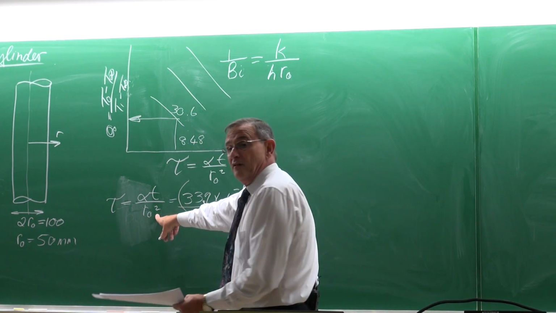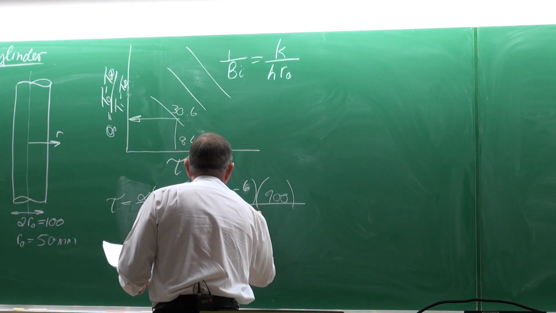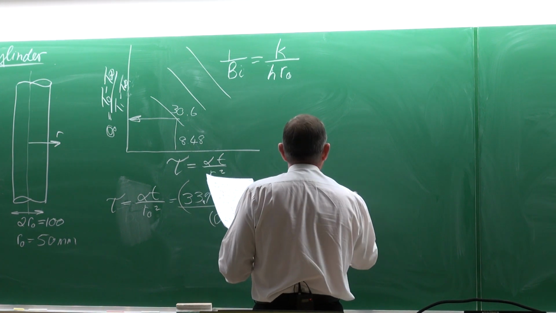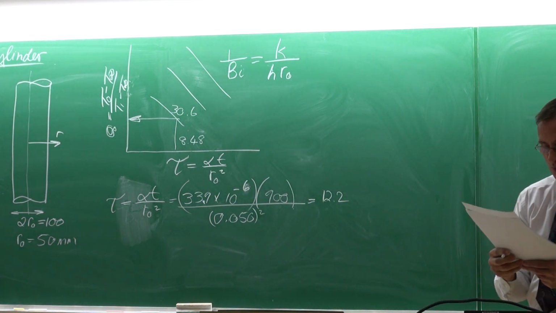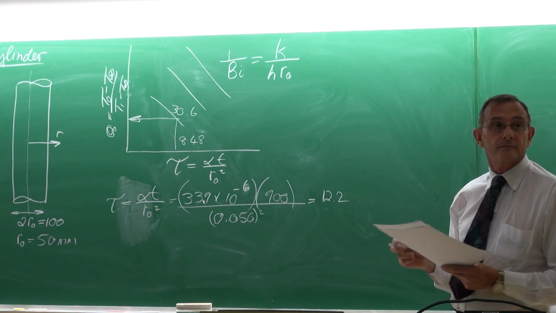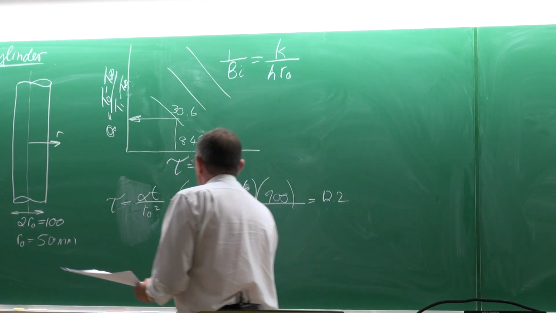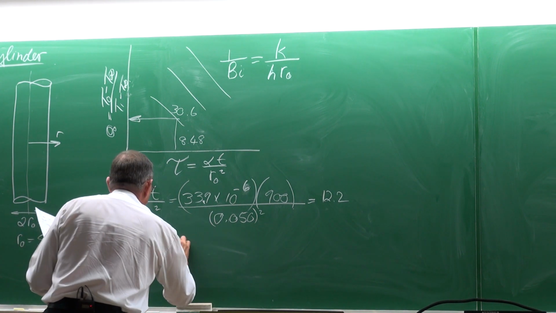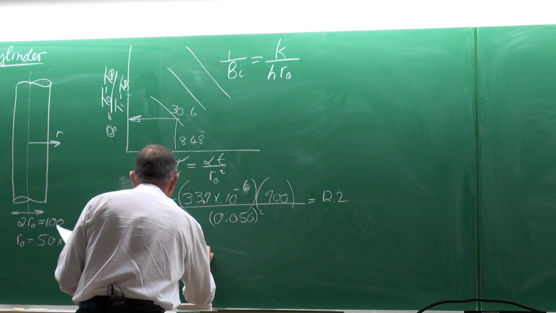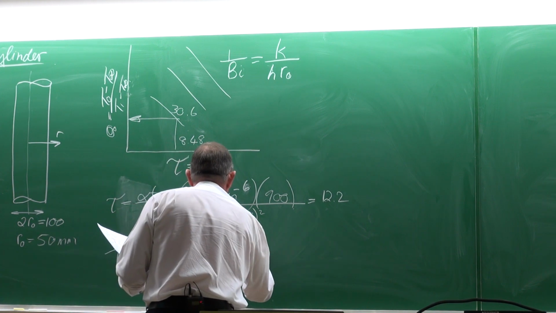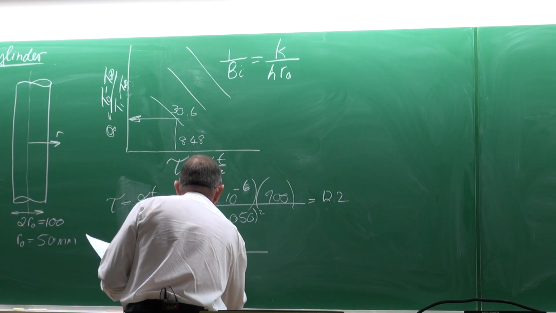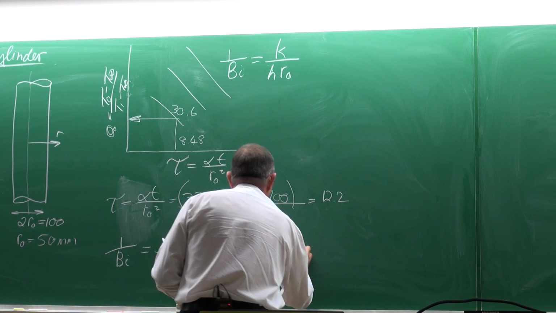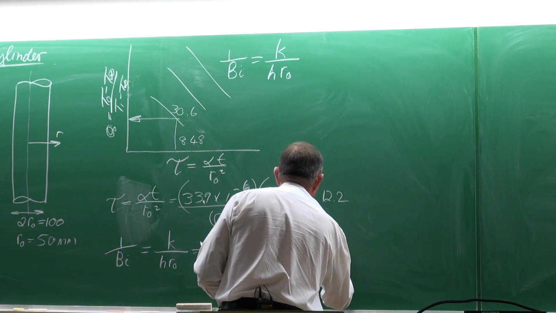Now we have to divide it by the radius squared, 0.05 squared, and the result is a non-dimensionalized time of 12.2. One divided by the Biot number is equal to k divided by h R0. k is 110, the heat transfer coefficient is 60, the radius is 50 millimeters, and that would be 36.7.